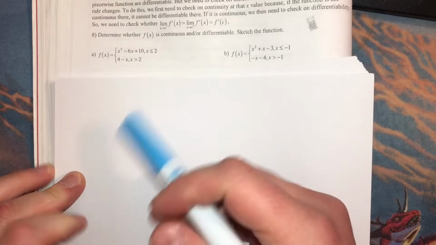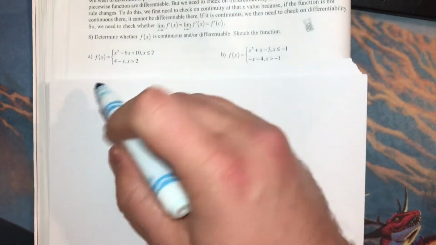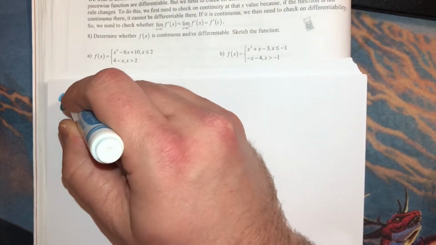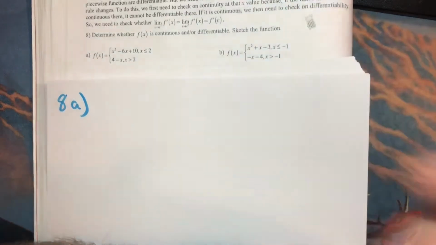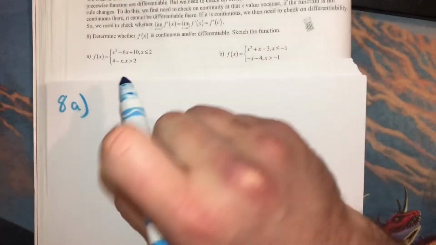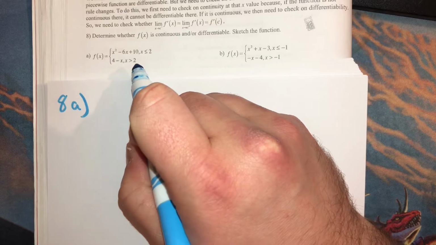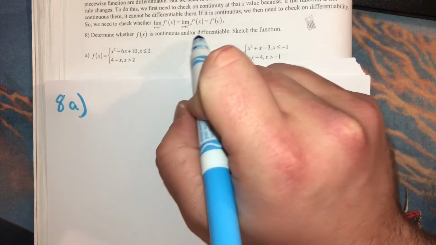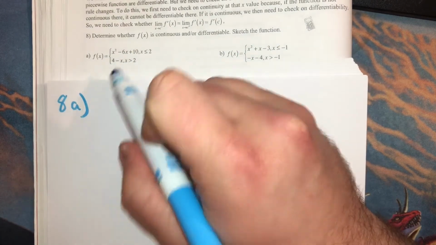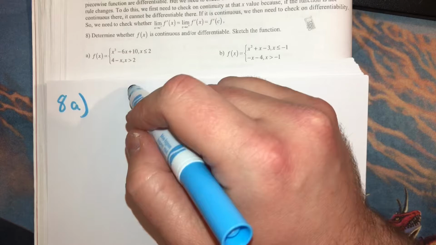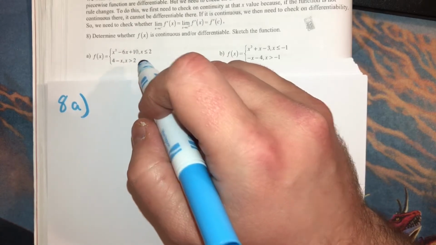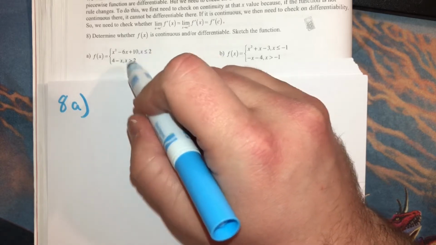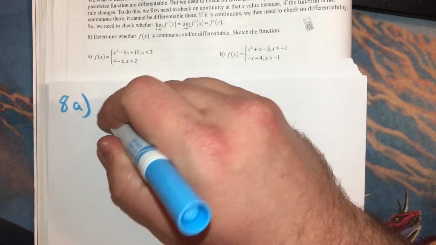So the first thing I want to do, like in example 8A, is determine whether f of x is continuous and differentiable just in general. These are both polynomials, so we know that in general they're both continuous and differentiable, but are they continuous and differentiable where they meet? To find out if they're continuous, we set those equal to each other.